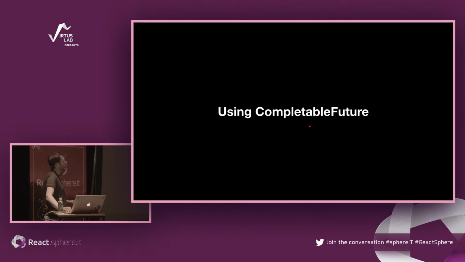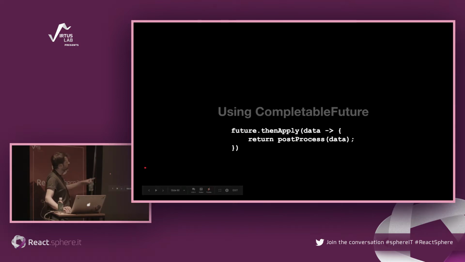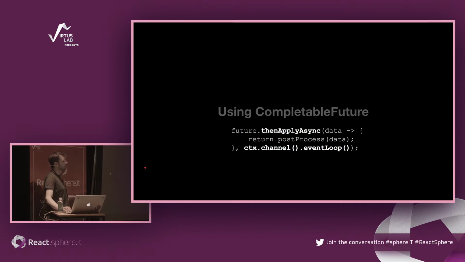So to await the response, you're probably going to use CompletableFuture, which is a very popular choice in the Java world. And probably you are going to use the thenApply API of the CompletableFuture. But actually, you want to use thenApplyAsync, and then you can specify which executor will post-process the response.